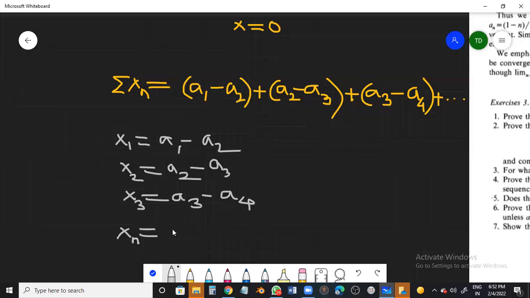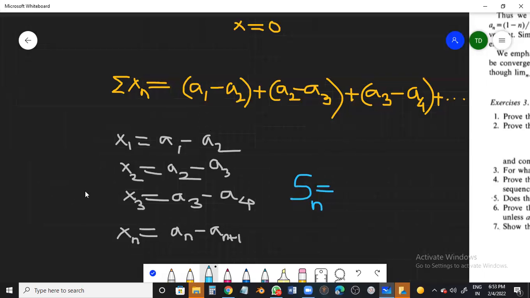An minus An plus 1. Yes, very good. Now, if I add all those terms, I get the sum of the first n terms. So let us add them here itself. What will be your Sn?